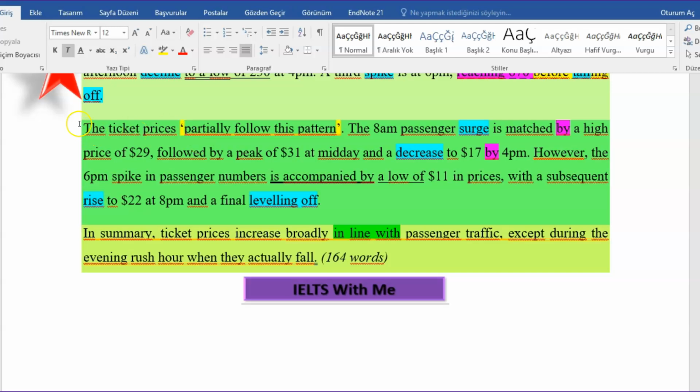In the second main body paragraph, we are going to talk about the average price. The ticket prices partially follow this pattern.